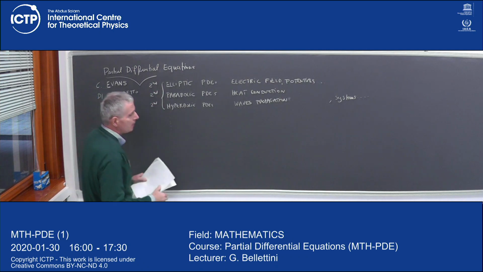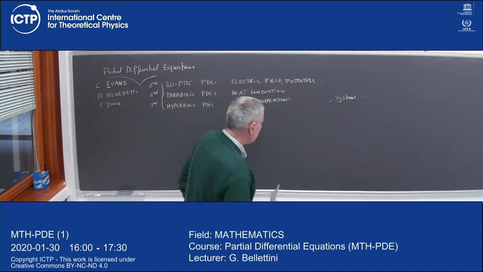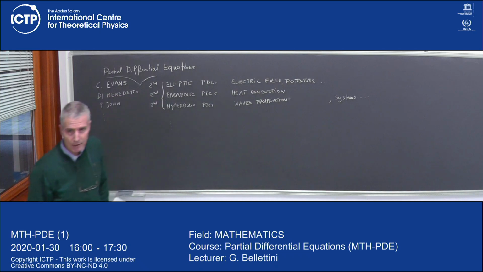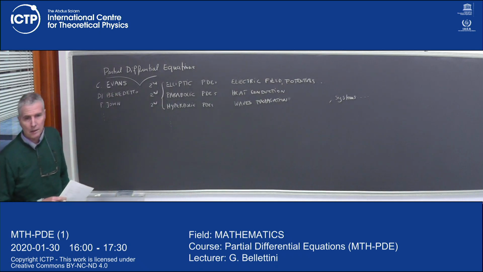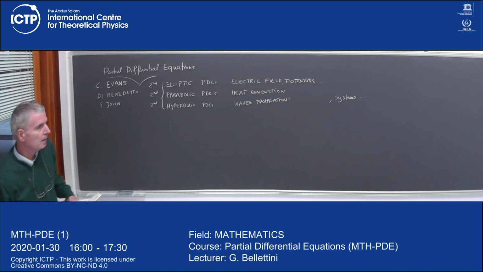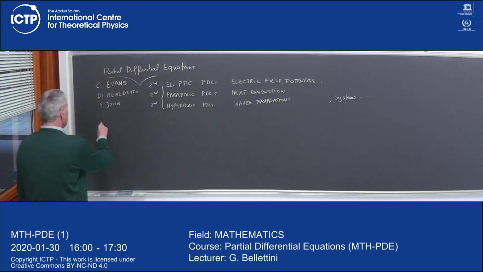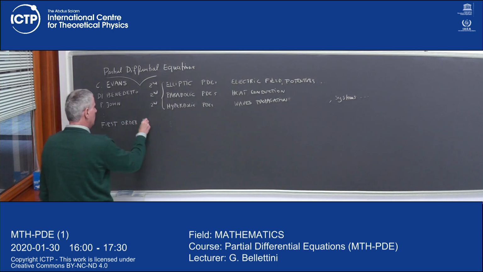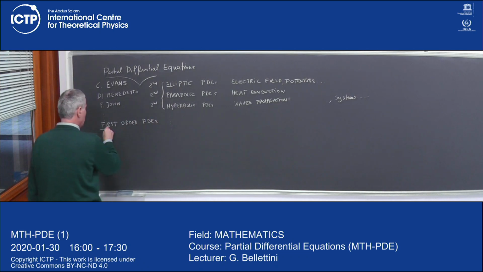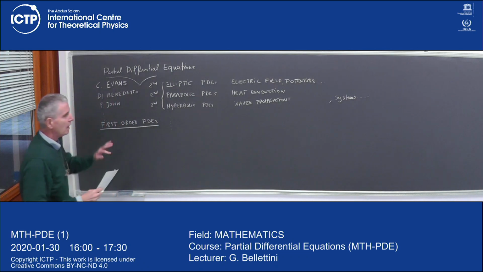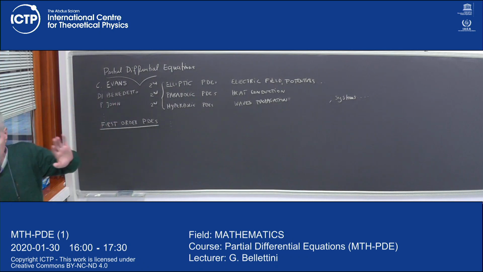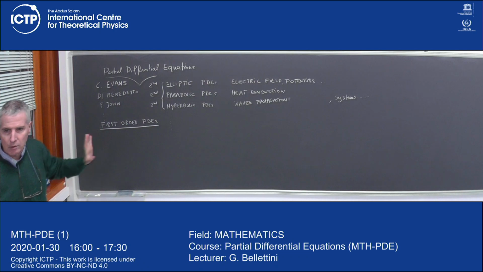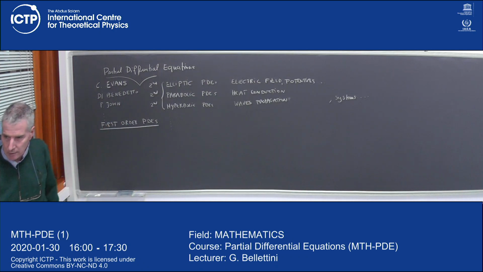But hyperbolic PDEs can also be first order. So I want to start from first order PDEs, maybe the simplest case. Then we will come to second order in the next lectures. But for a few lectures we will do first order PDEs.